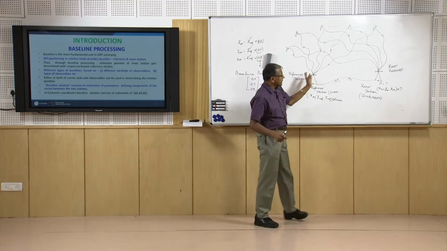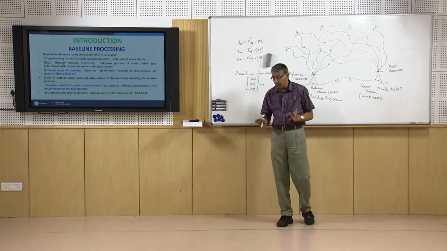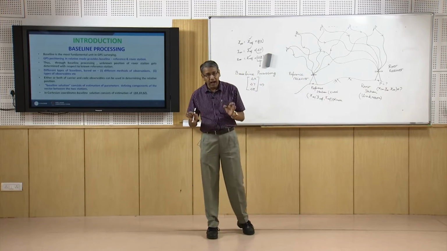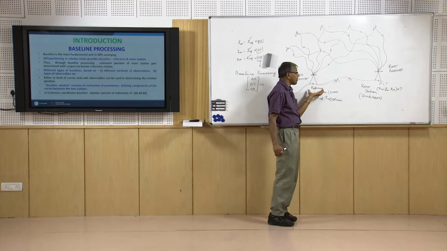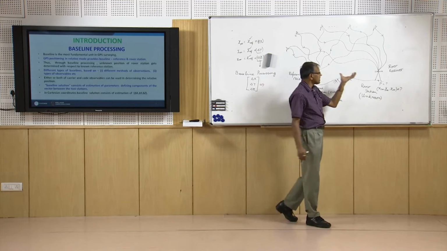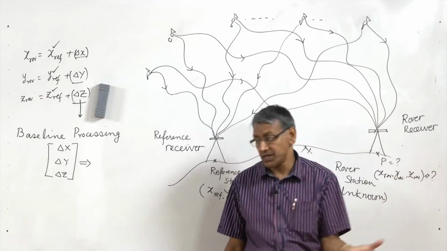So, whatever the mode of surveying, fundamentally we have two sets of observations. One set comes from the reference station and another set comes from the rover station.